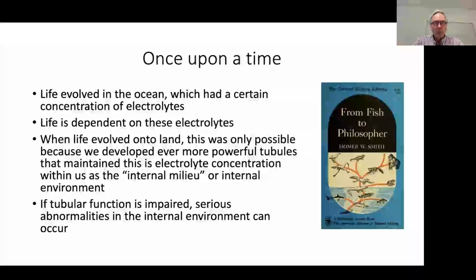And if you want to read more about this, then of course, this is your Bible, From Fish to Philosopher, from Homer Smith, the godfather of renal physiology. And in this book, which is freely available as a PDF on the internet, he describes how this evolutionary pathway of the kidneys occurred, and how much the tubular function and the maintenance of the internal milieu enables us to move a muscle, walk around, have a thought, be a philosopher.